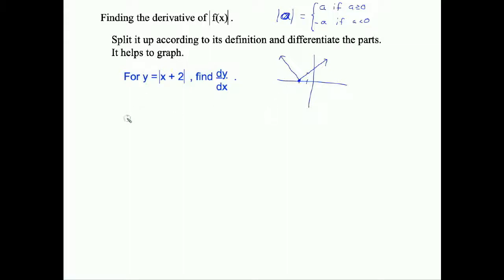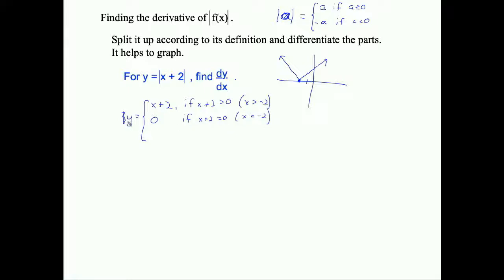So let's go ahead and write y as 3 parts, as I mentioned up here that we can put it in 3. y is equal to x plus 2 if x plus 2 is positive, greater than 0, which means x is greater than negative 2, if we subtract 2 from both sides. y is equal to just 0 if x plus 2 equals 0, or when x equals negative 2.